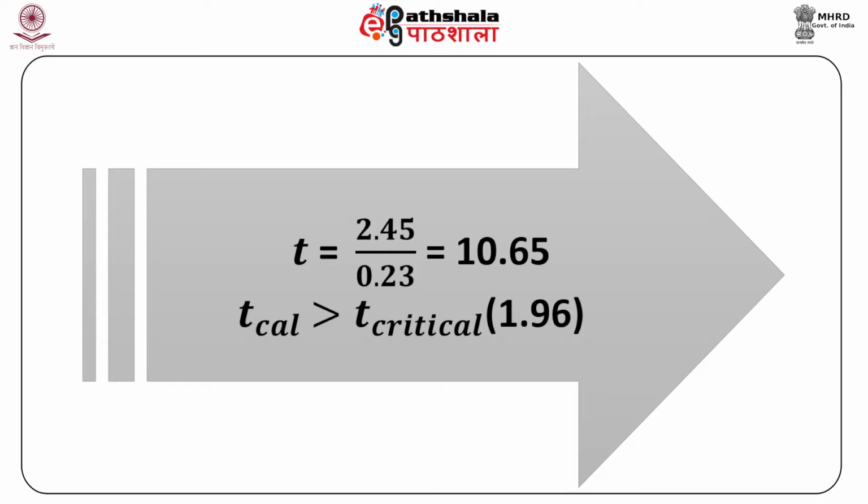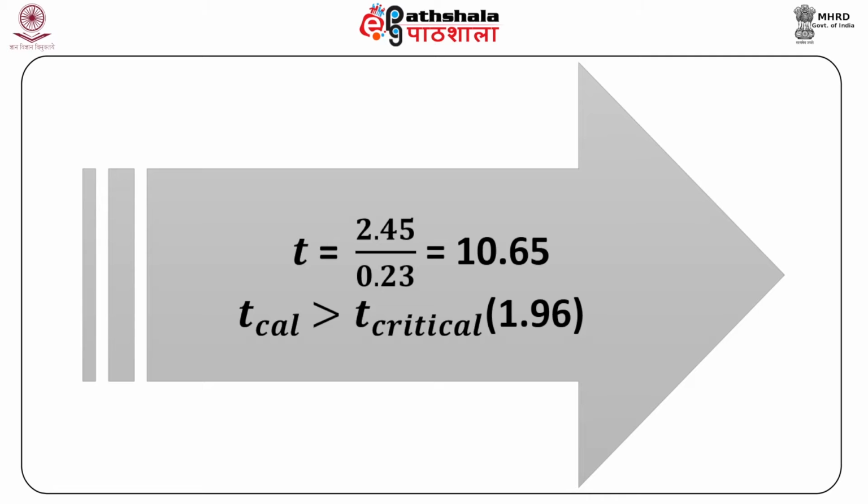We know that if this T calculated is greater than the T critical value of 1.96 at the 5% level, then the decision can be taken in favor of rejecting the null hypothesis. So the result which we obtain from this value of 10.65 decides in favor of rejecting the null hypothesis, and concluding that earnings are significantly affected by the level of schooling.